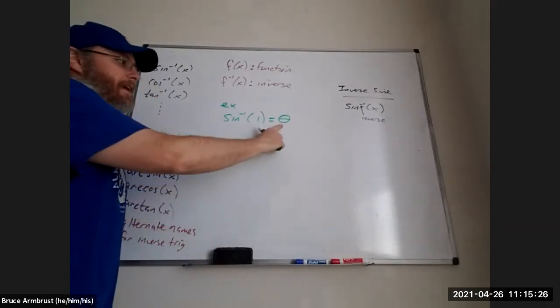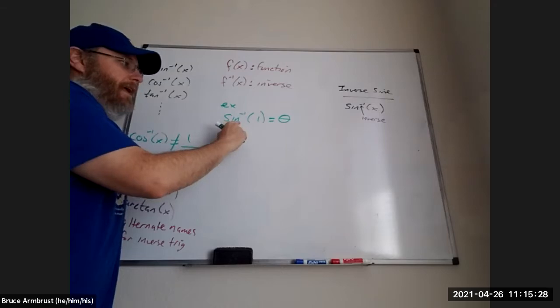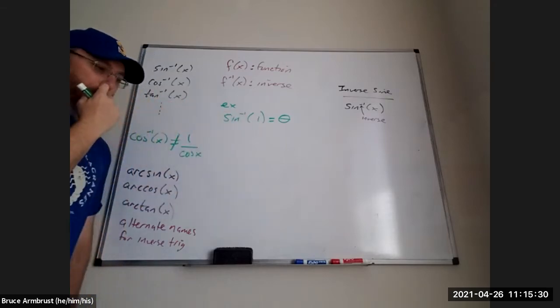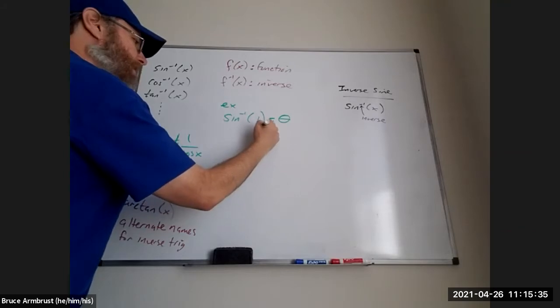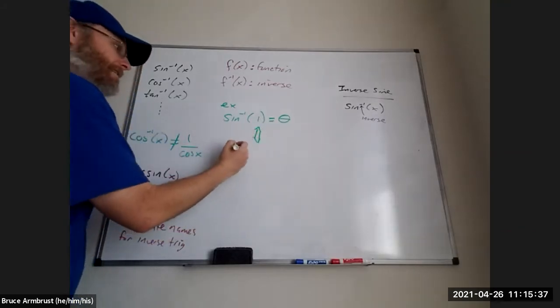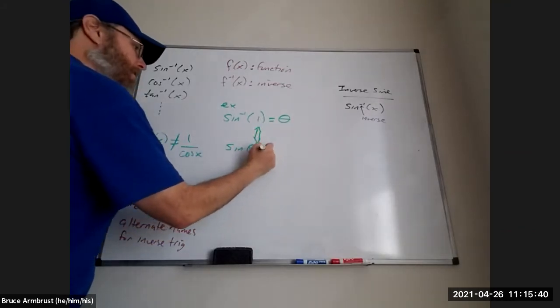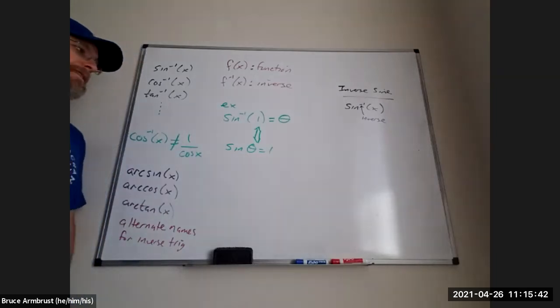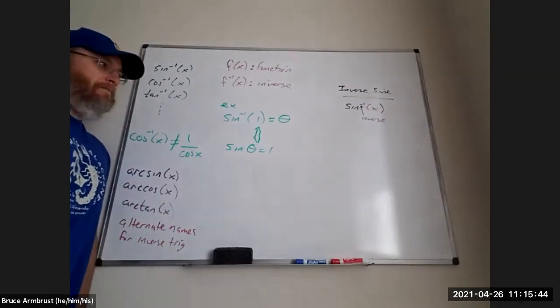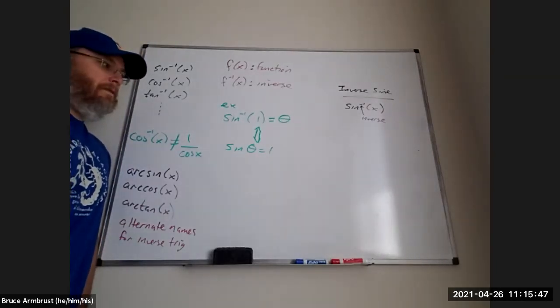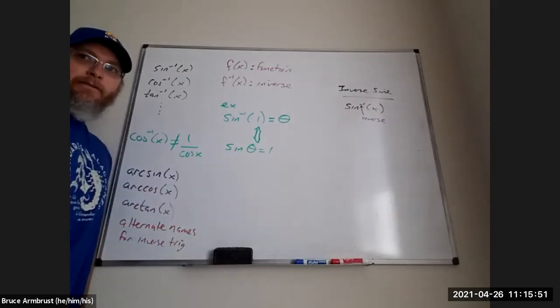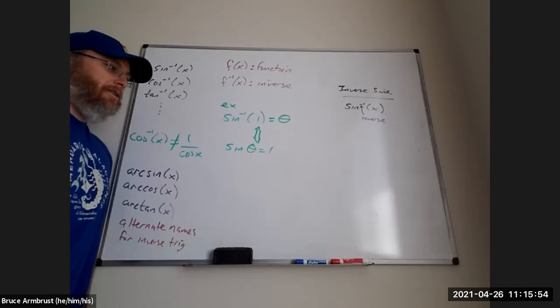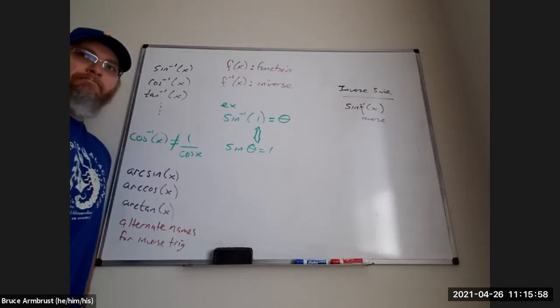It's going to give us an angle whose sine is equal to 1. So that means this is an equivalent statement. I'm going to draw a little double-sided arrow here, meaning these are exactly the same. This is exactly the same as saying sine of theta equals 1. All right, so can you give me an angle whose sine is 1? Look at your chart, and what do you see as an angle whose sine is 1?